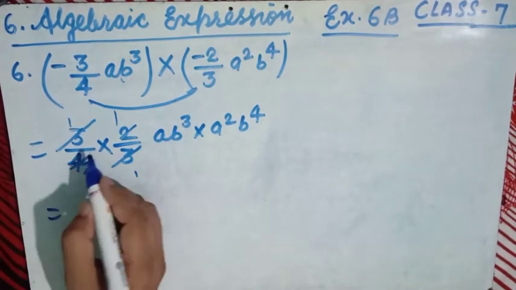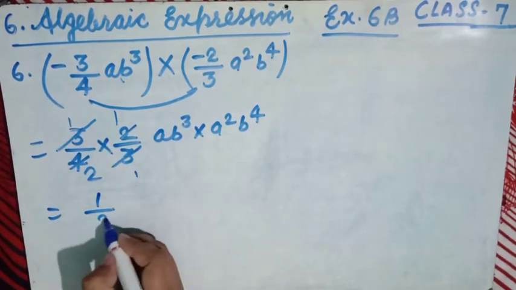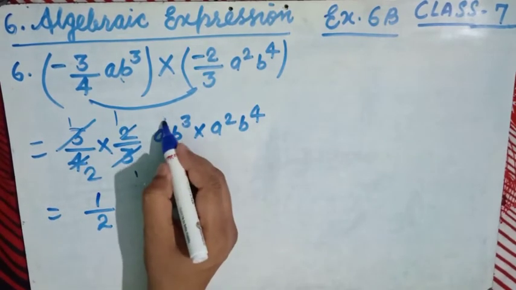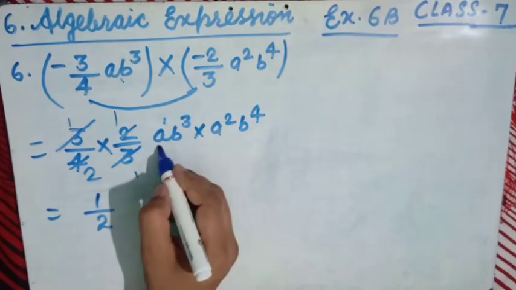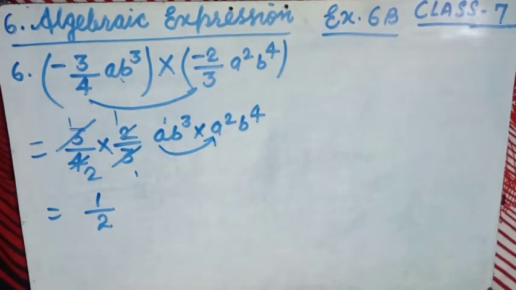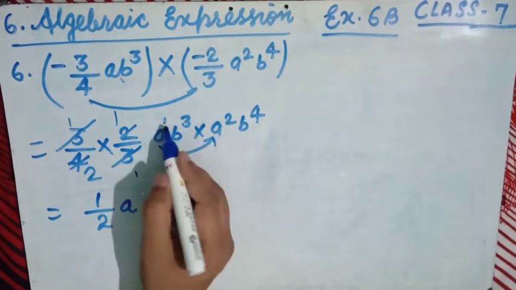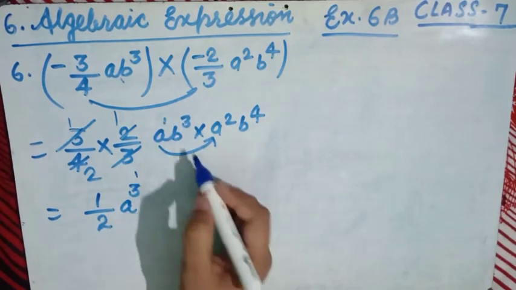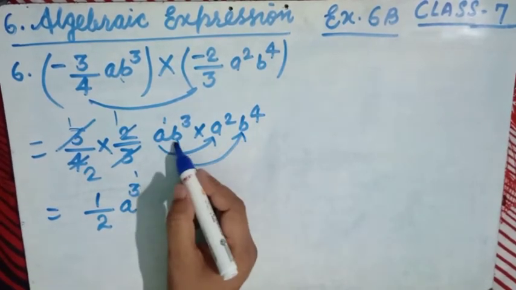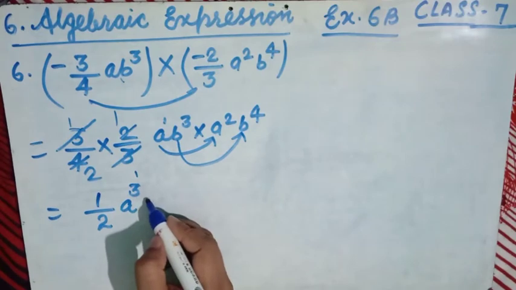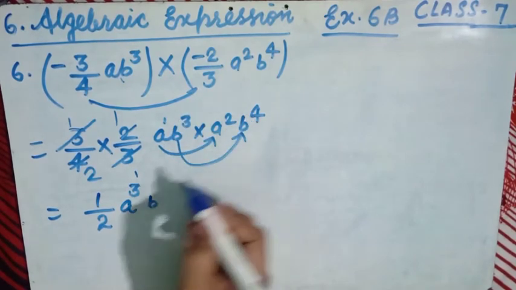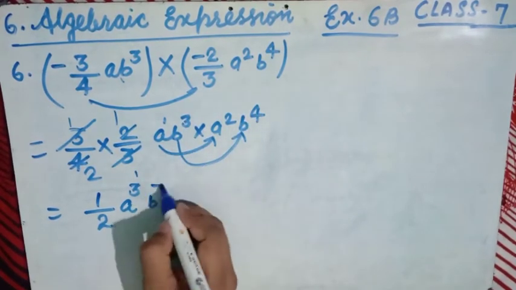So the numbers give 1 into 1 is 1, and 2 in the denominator. Here is a raised to power 1 and a raised to power 2, so the bases are the same. Write the single base and add their exponents, 1 plus 2 is 3. Similarly, b with the same base, add their exponents, 3 plus 4 is 7. This is your final answer.